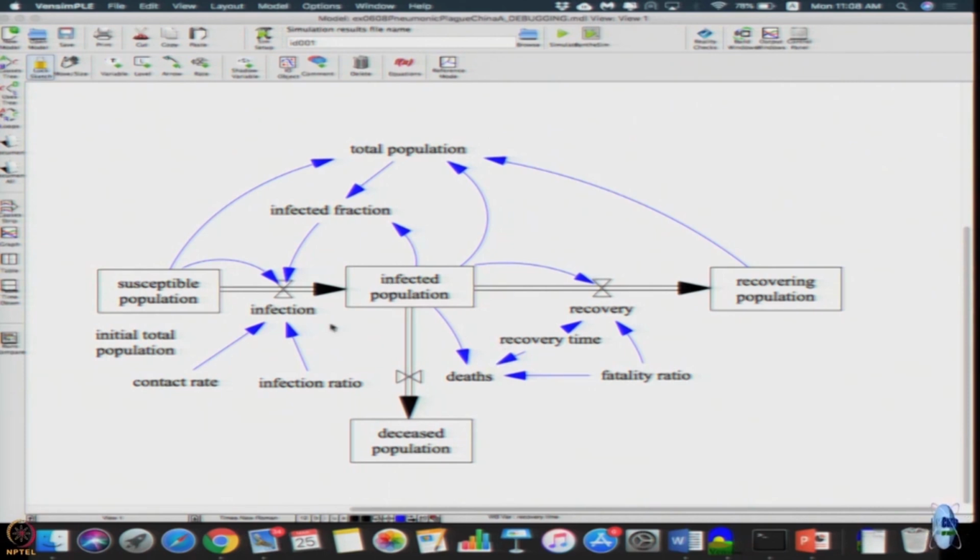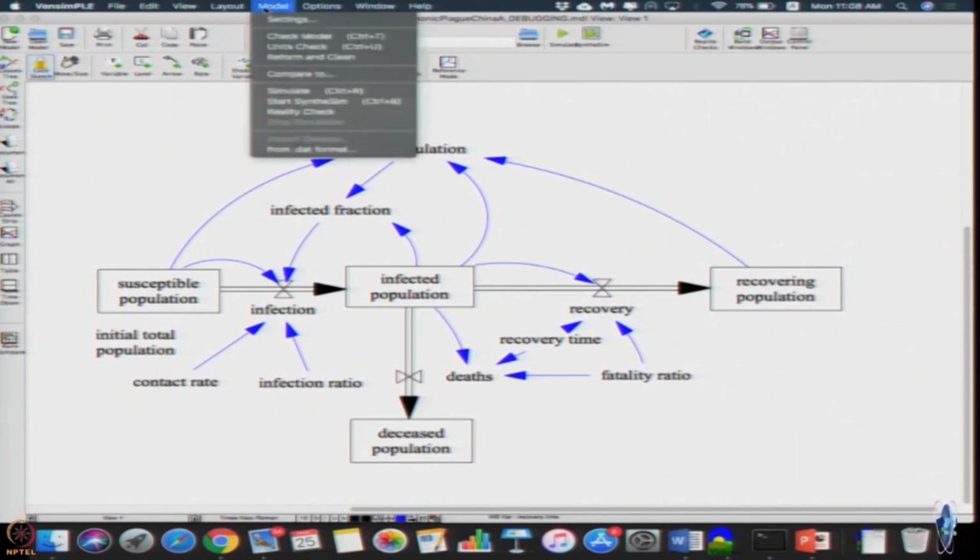The infection is given as a product of contact rate, infection ratio, susceptible population, and infected fraction. So they all seem to be connected there. Infected fraction is given as a relation between the infected population and total population, so that seems to be fine. Recovery depends on infected population, time and fatality ratio, so that seems to be connected fine. Deaths are also given a similar relation, that seems to be fine.